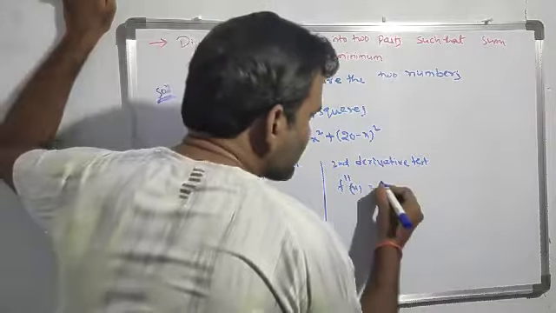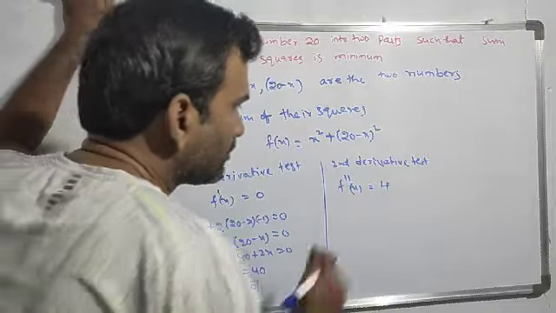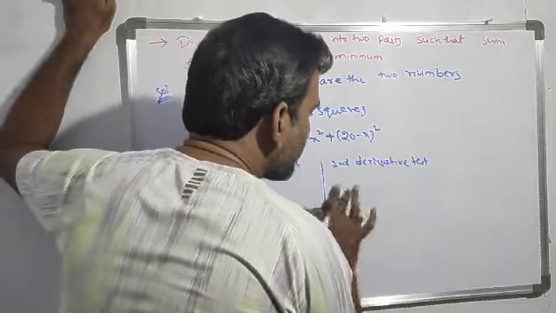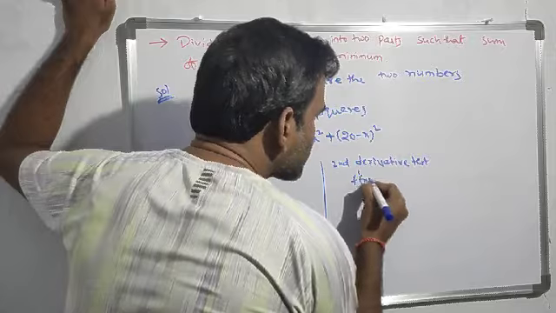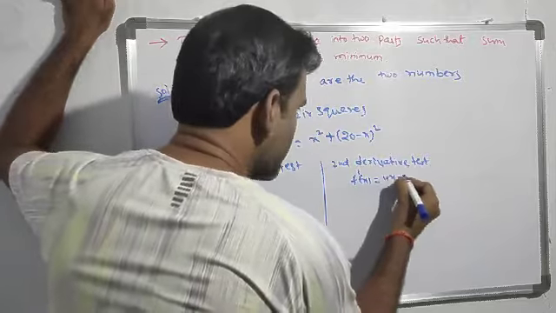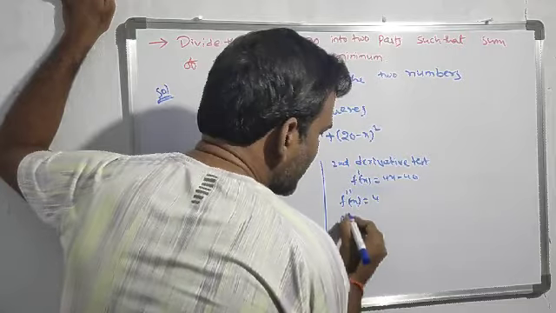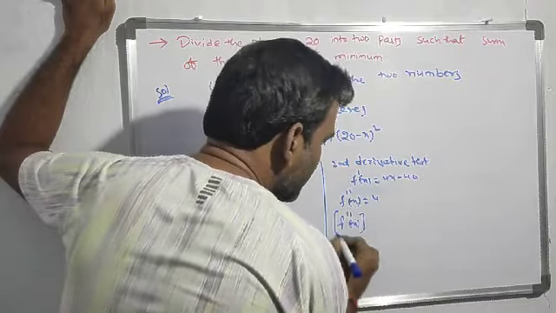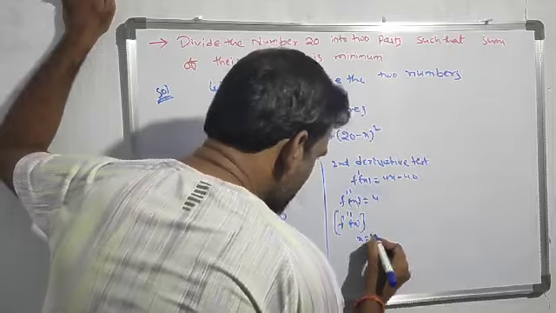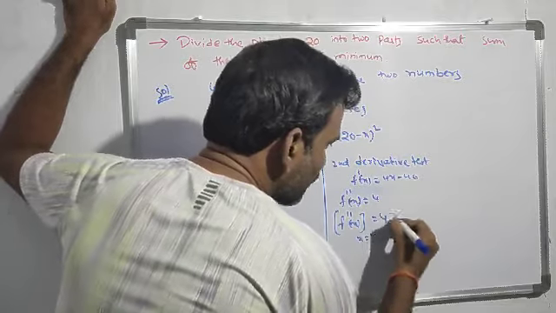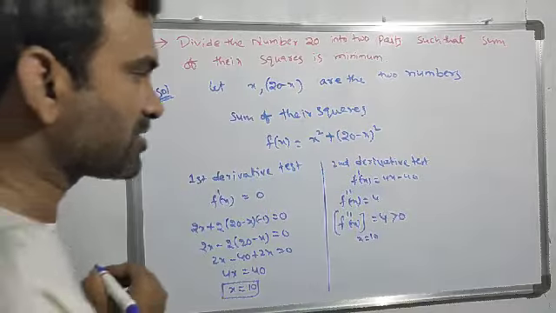So f double dash of x is 4. Here I simply take f dash of x equal to 4x minus 40, and f double dash of x equal to 4. What is f double dash of x at x equal to 10? This is also 4, because it is a constant.